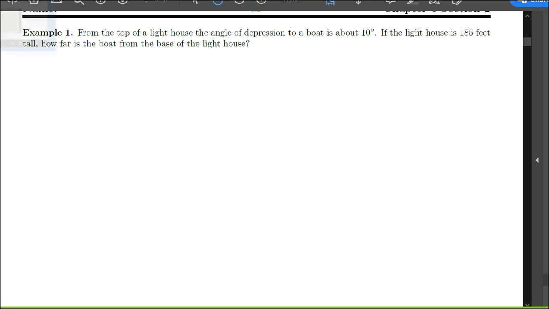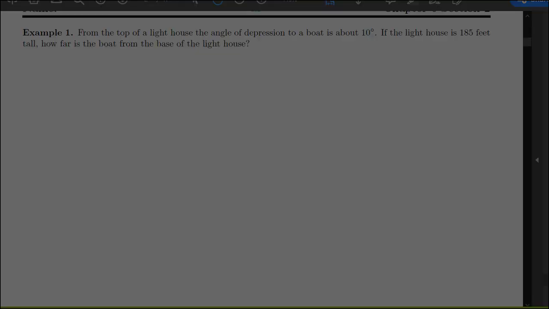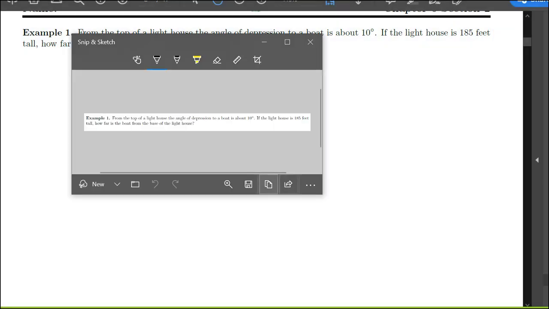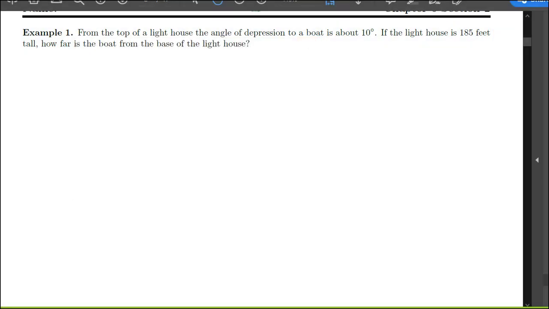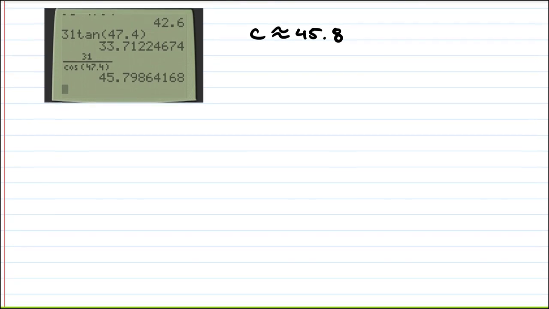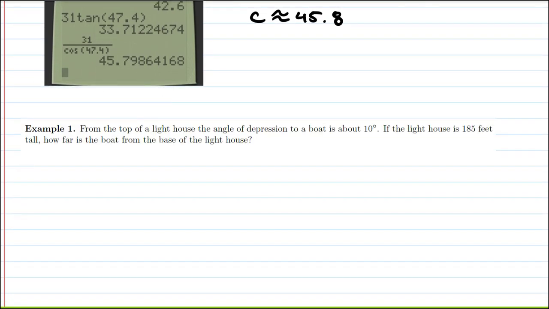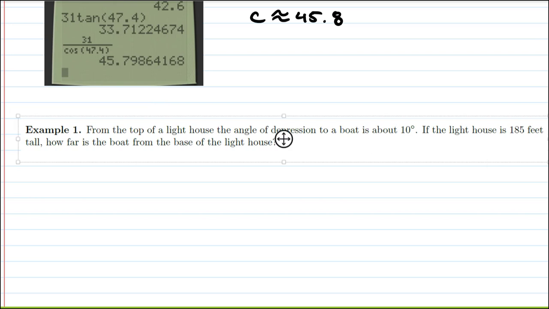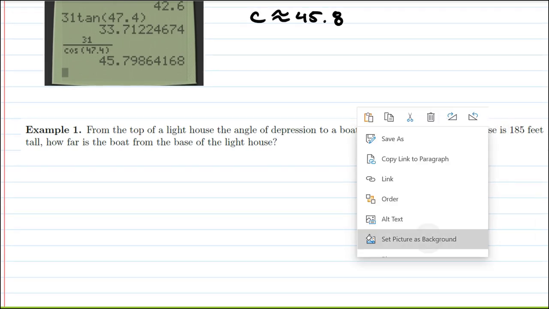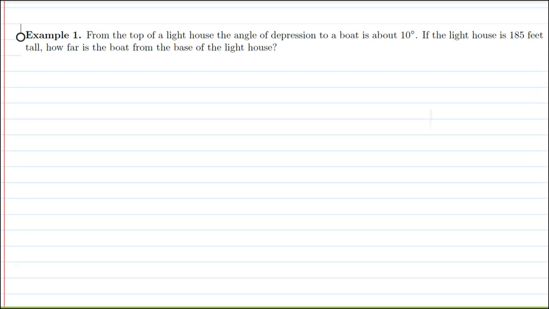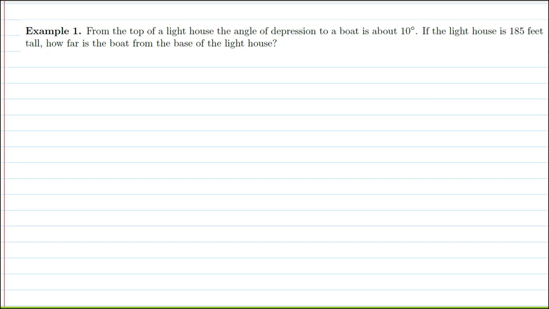So the very first one on our handout reads as follows. From the top of a lighthouse, the angle of depression to a boat is about 10 degrees. If the lighthouse is 185 feet tall, how far is the boat from the lighthouse? So let's draw our sketch.